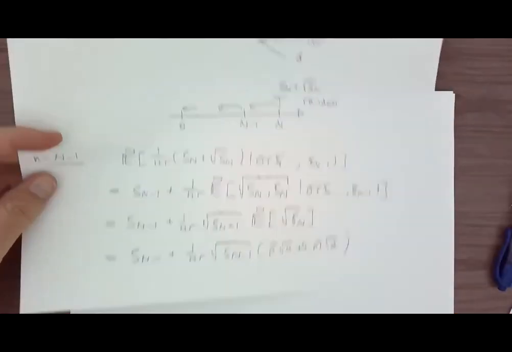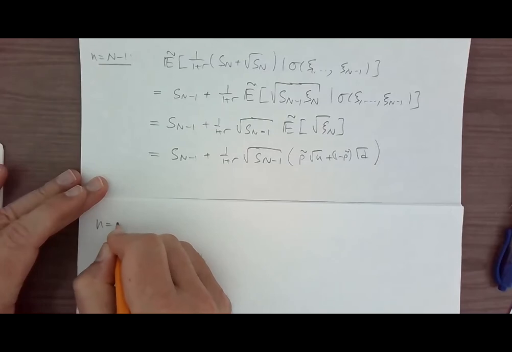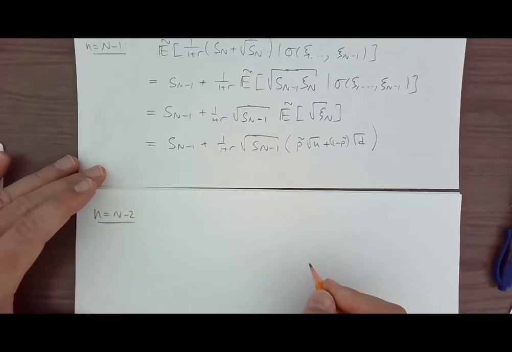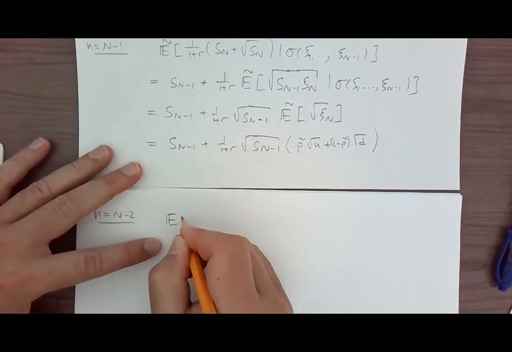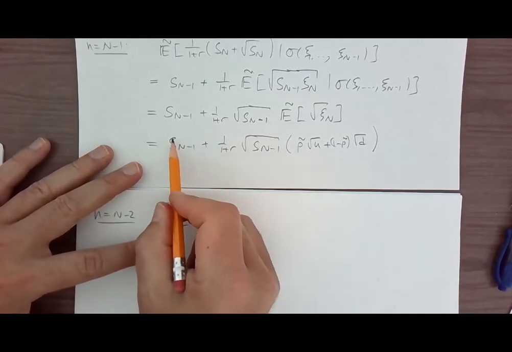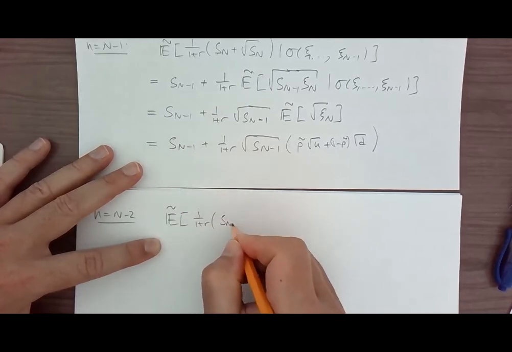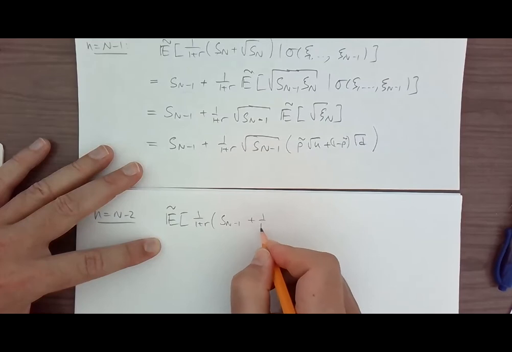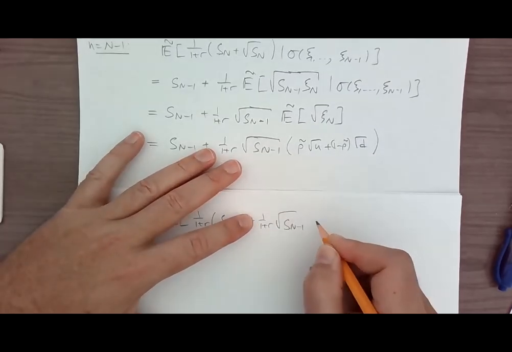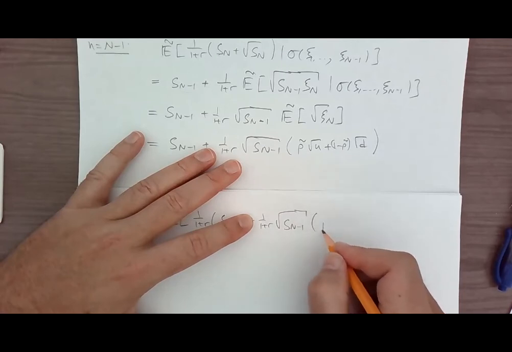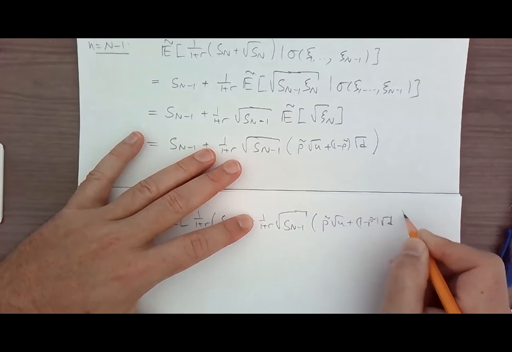If we move it back one more time step, we'll take this payoff, we'll discount it, we'll move it back to time 2. What will we do? We'll have to move the two components. So it'll be Sn minus 1 over 1 plus R, and then the other thing, you have the square root of Sn minus 1, then p tilde square root u plus 1 minus p tilde square root d.